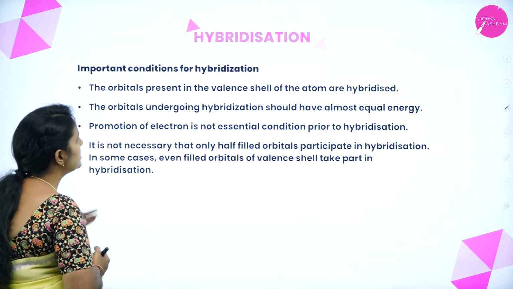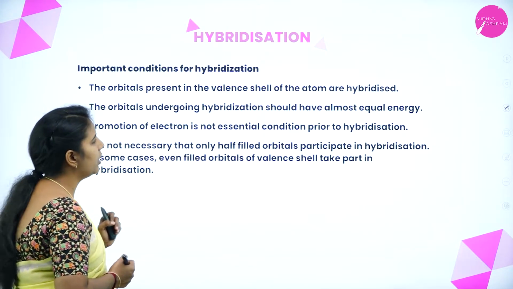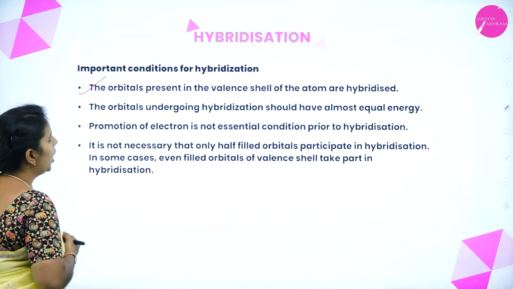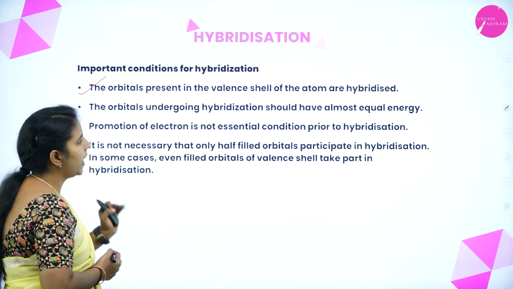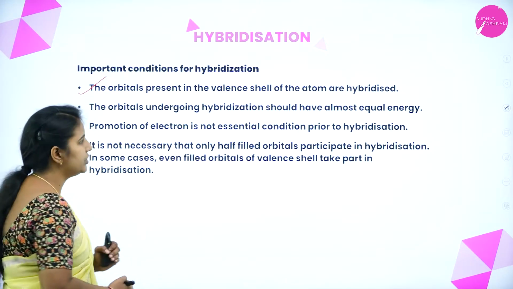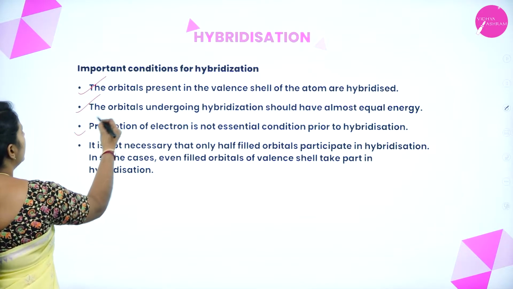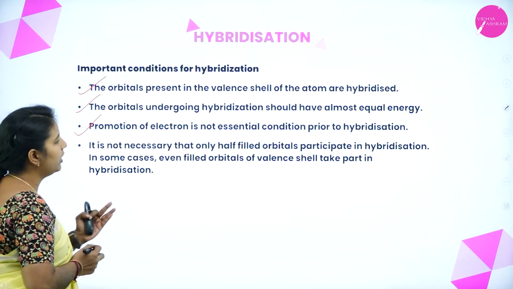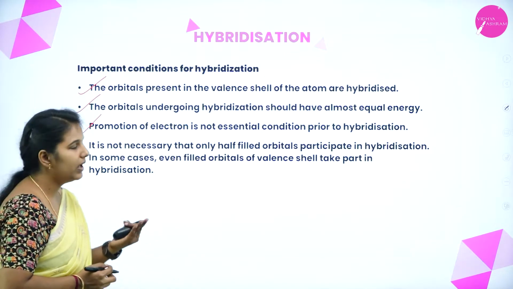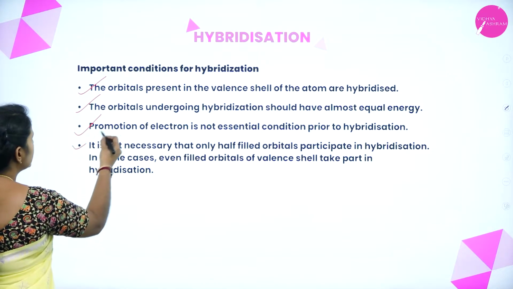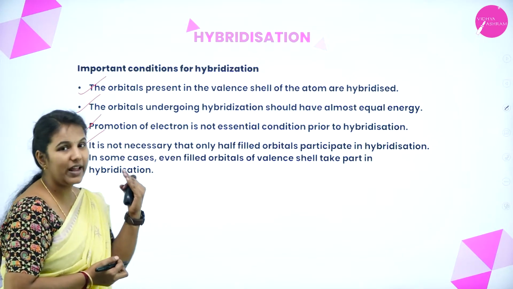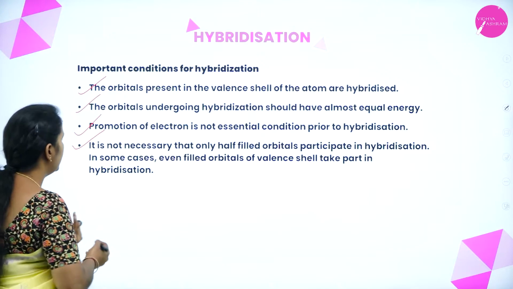The orbitals present in the valence shell of an atom will get hybridized, and the orbitals undergoing hybridization must have what? Equal energy. And the promotion of an electron is not an essential condition prior to hybridization, and it is not necessary that only half-filled orbitals should be involved in hybridization.